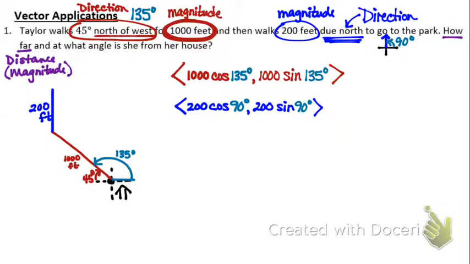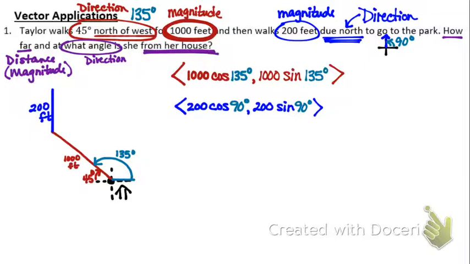And at what angle? If they say at what angle, they're asking for direction. Well, funny thing, we practiced finding magnitude and direction, didn't we? So we're going to find magnitude and direction from her house.